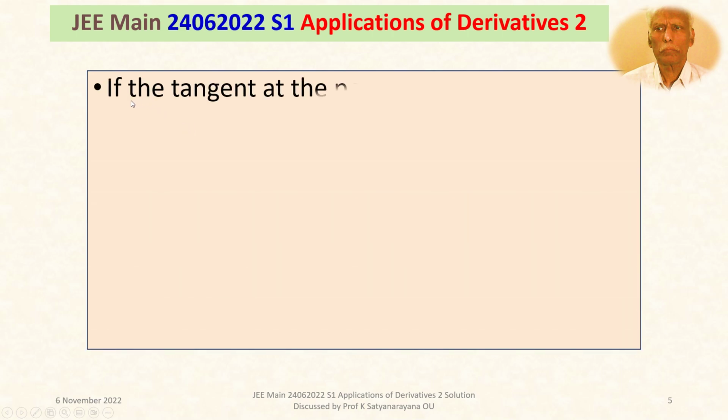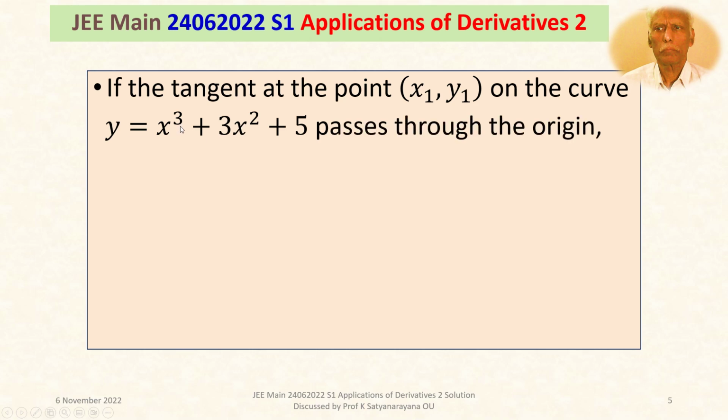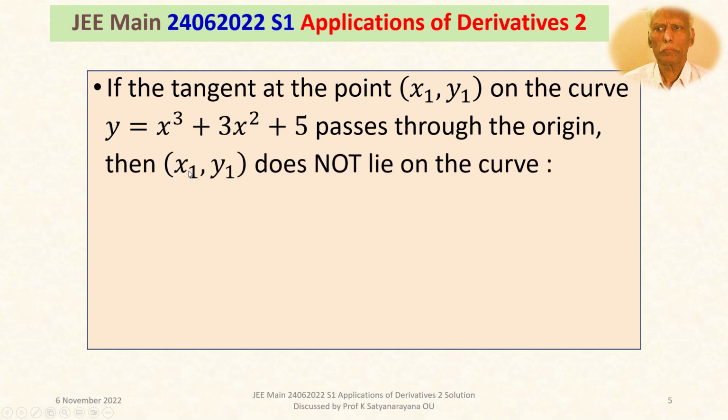The problem is, if the tangent at the point x1, y1 on the curve y is equal to x cube plus 3x square plus 5 passes through the origin, then the point x1, y1 does not lie on the curve.